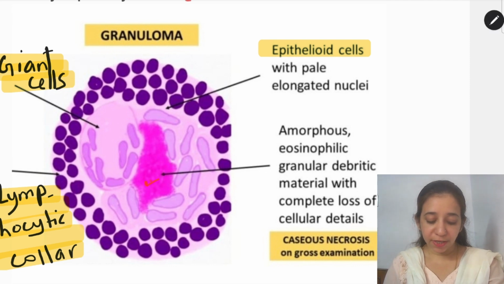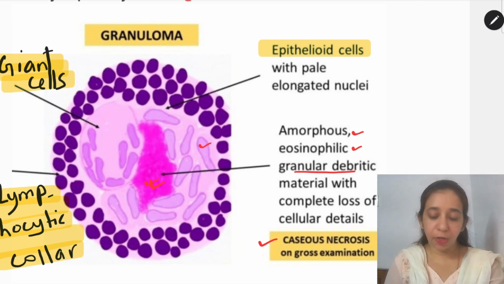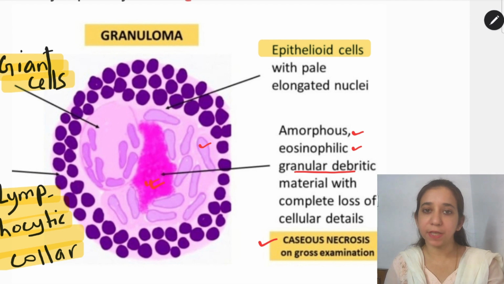This pink area is the amorphous eosinophilic granular material with complete loss of cellular details, that is the caseous necrosis. This pinkish or eosinophilic area at the center of the granuloma is the caseous necrosis. Around it we can see these elongated or slipper shaped cells.